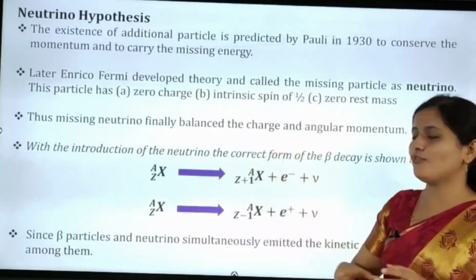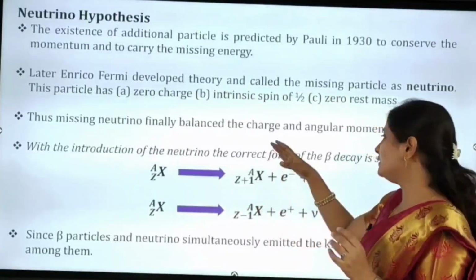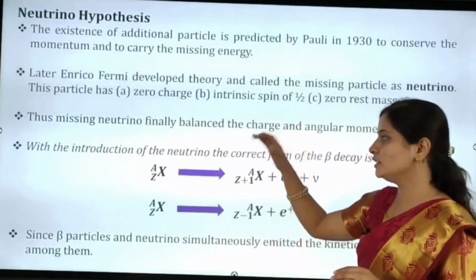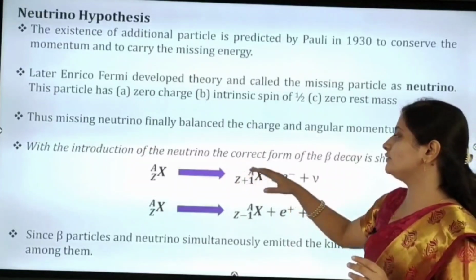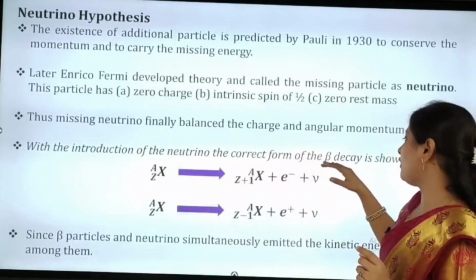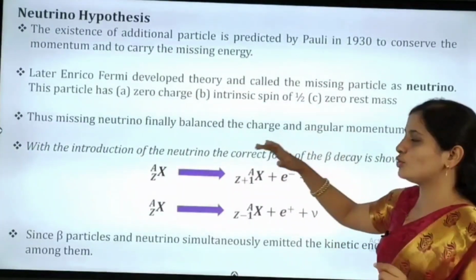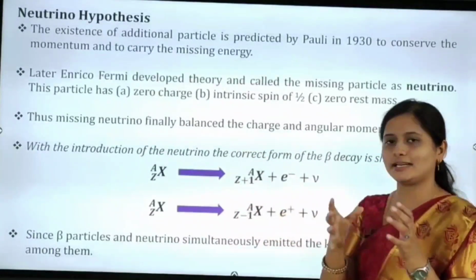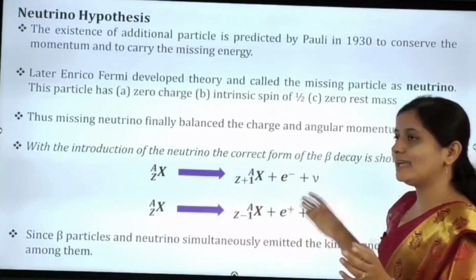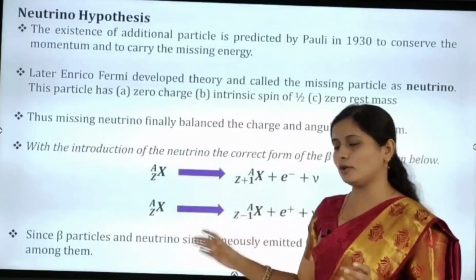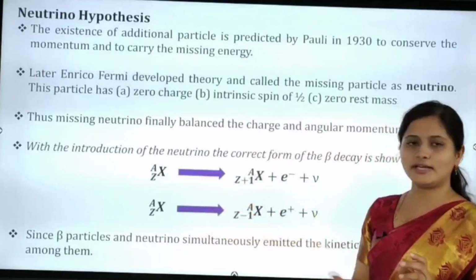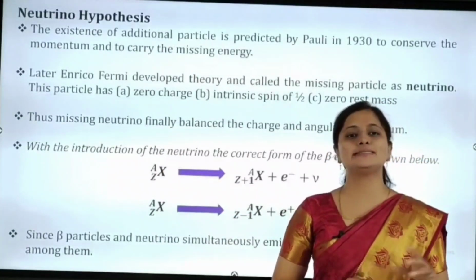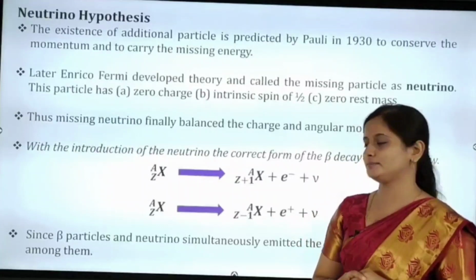The missing neutrino finally balances the charge and the angular momentum. With the introduction of the neutrino, the correct form of beta decay is shown below. Here A is the mass number and Z is the atomic number.